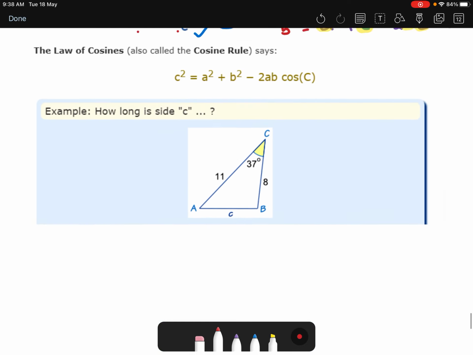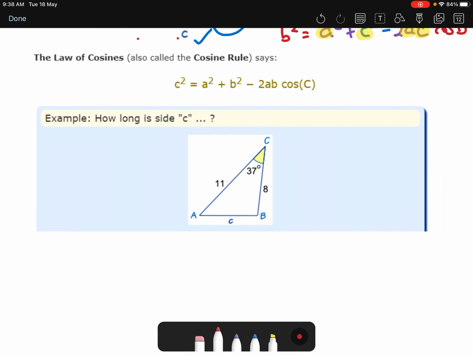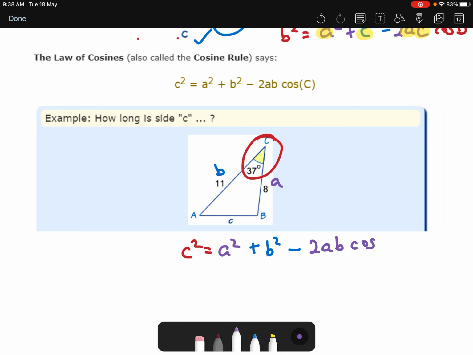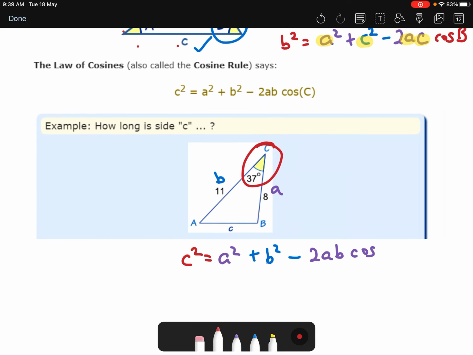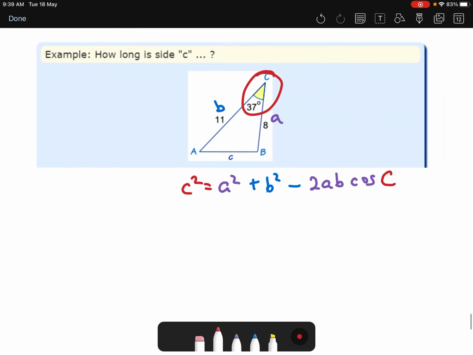Alright, so let's take a look at this example. We want to find side C. So how long is the side C? You will notice that we are given side B, we are given side A, and we are also given angle C. So we should put C square is equal to A square plus B square minus 2AB cosine C. Okay, so you just sub in.